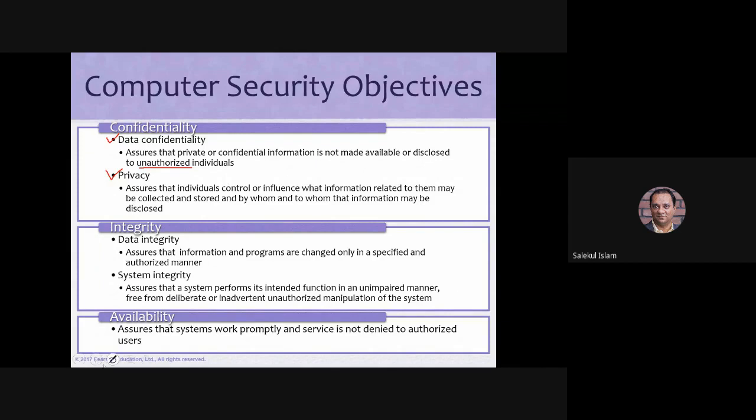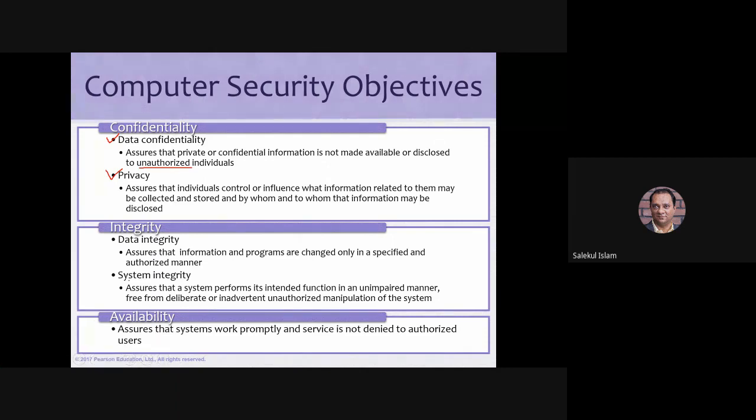There, we just assume that there is an authorized list of users. But in the case of privacy, that authorized list of users will be defined by the owner of the data. So if I am the owner of some data, then I will have some control over who will be able to access my data.